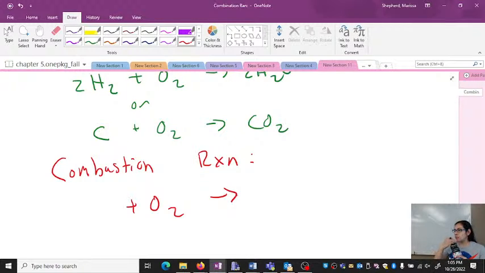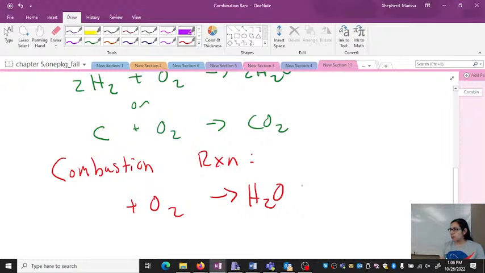No, oxygen's in the reactant. Having oxygen in the reactant, that's one clue that it's a combustion. But then what would the products be? Because you could also see water. Yeah, so water.